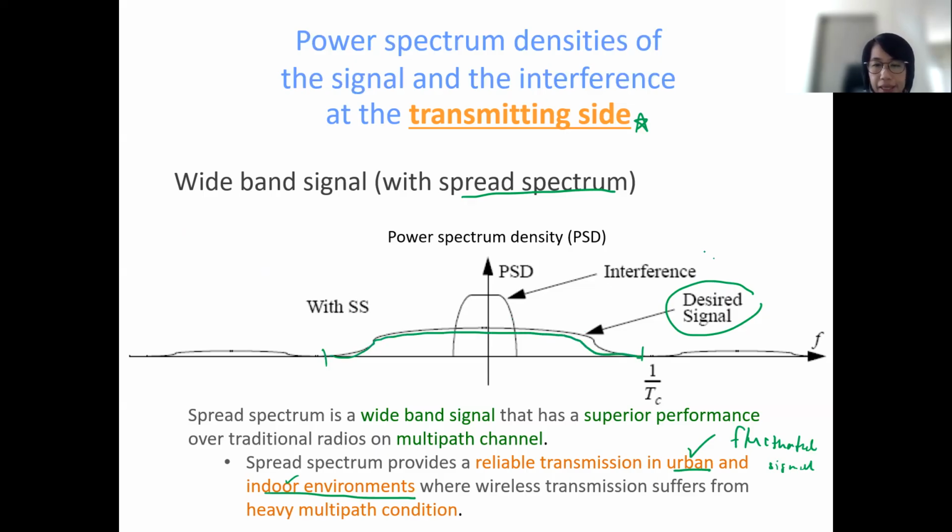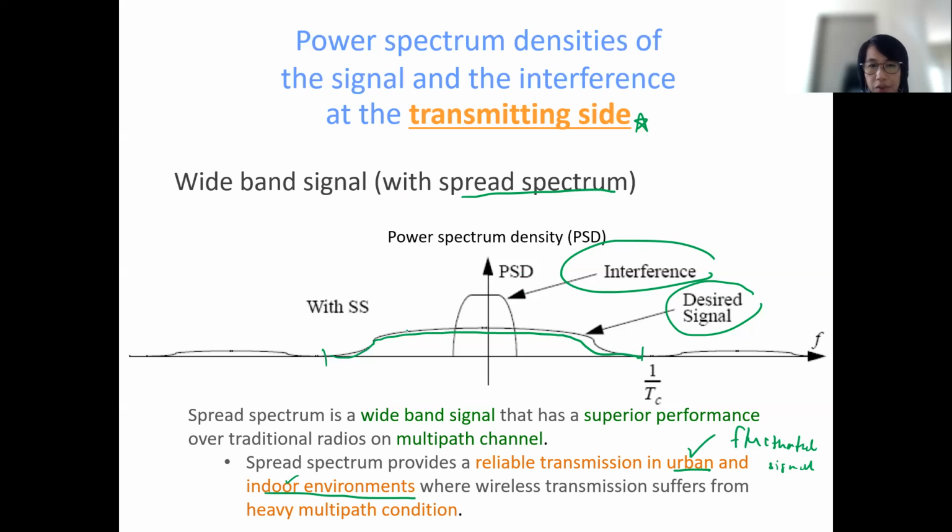Suddenly in the medium, you face interference. The interference is there, but you protect yourself by spreading your spectrum wider, and you are okay with a lower power for the transmitting side.